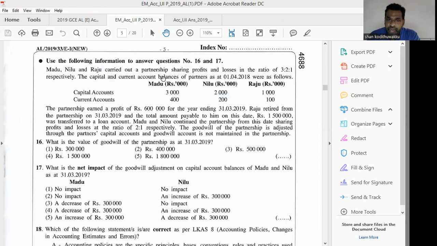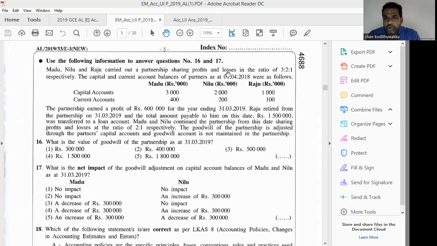The capital and current account balances of partners as at 1st April 2018 were as follows. These are the opening balances, because at the end we are asked to find the value of goodwill of the partnership as at 31st March 2019. Therefore, the given details are as at 1st April 2018.